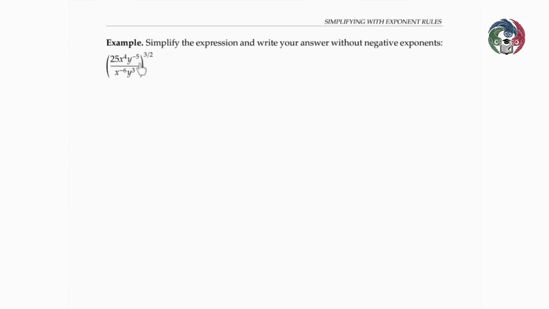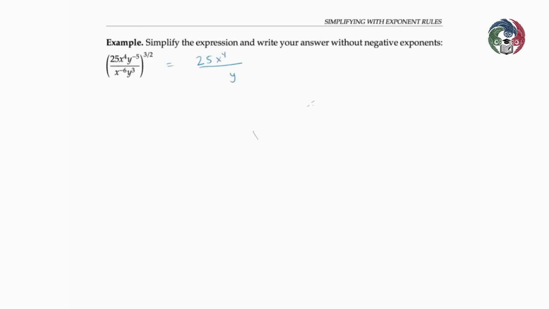In this last example, we have a complicated expression raised to a fractional power. I'm going to start by simplifying the expression inside the parentheses. I can bring all my y's downstairs and all my x's upstairs and get rid of negative exponents at the same time. In other words, I can rewrite this as 25 x to the 4th.